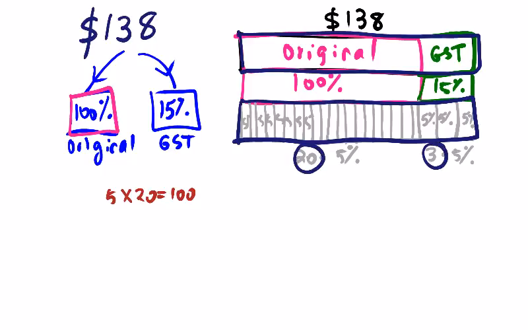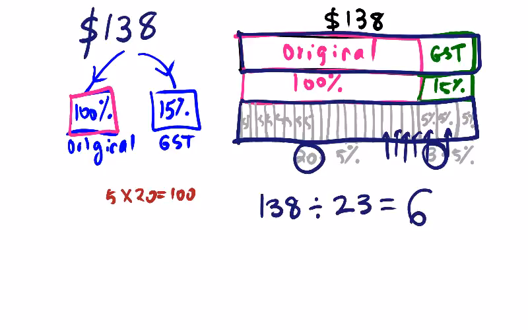So if we divided our 138 by 23 to discover how much each one of these 5% parts is worth, let's do that calculation. 138 divided by 23 is 6. So that means that each one of these pieces is worth, in this exercise, $6. So 6 times 23 is the 138.